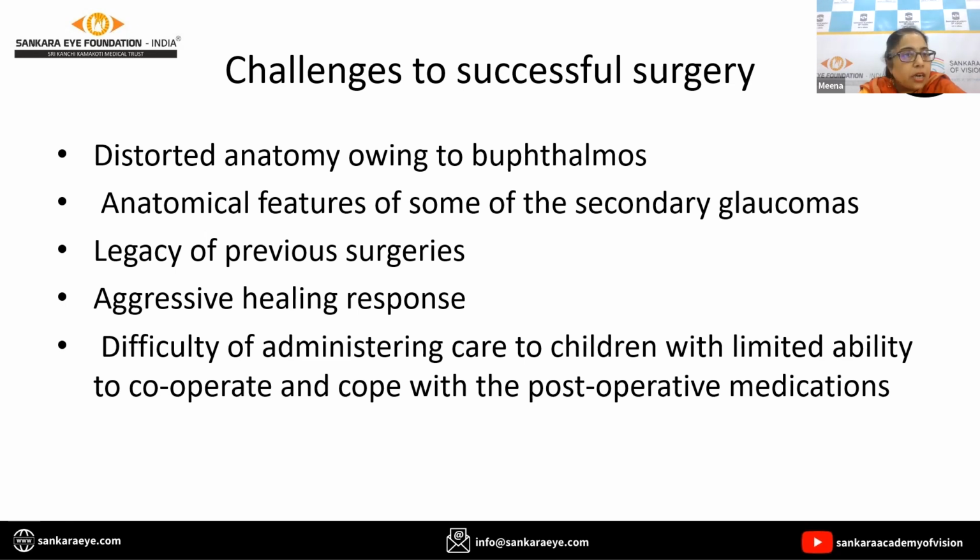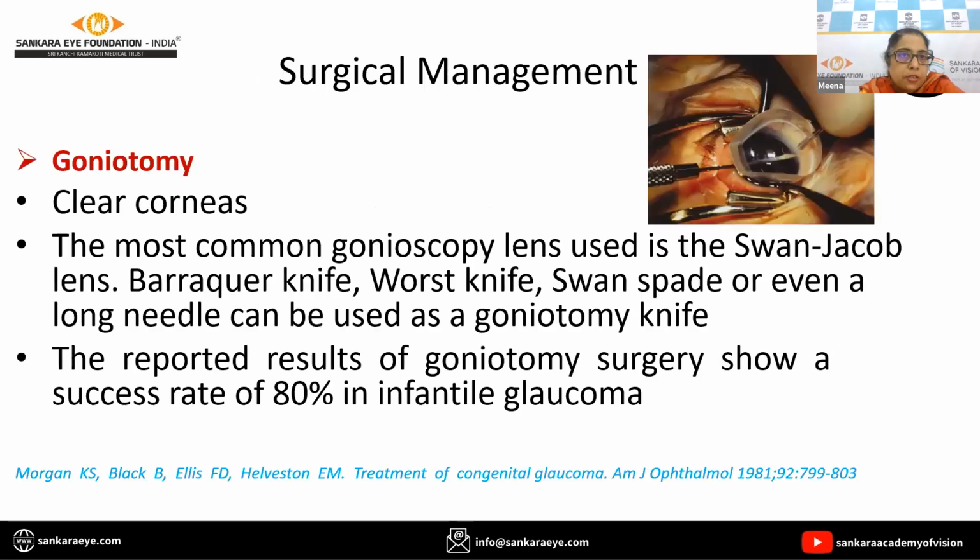If the baby has undergone any previous surgeries, that also hinders a successful surgery. There is also an aggressive healing and inflammatory response in children, and of course, difficulty of administering care. Sometimes we may not be able to put the drops, or post-operative care might be compromised, considering the age of the babies.